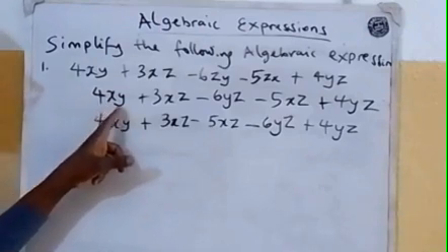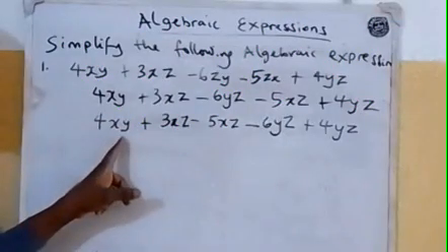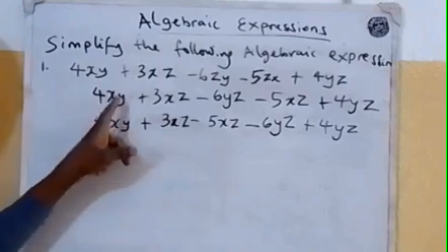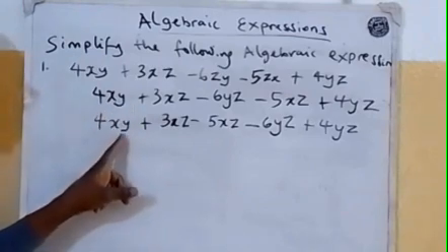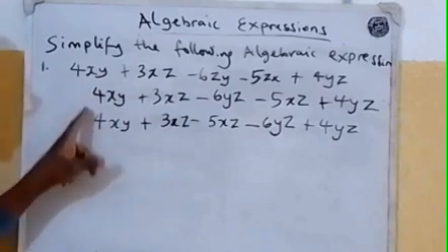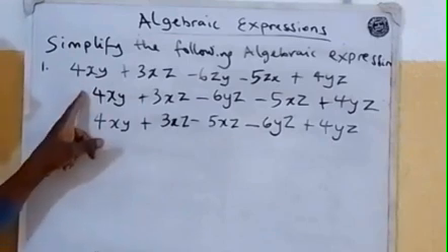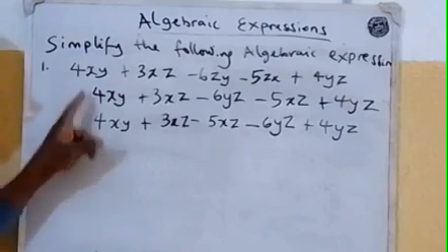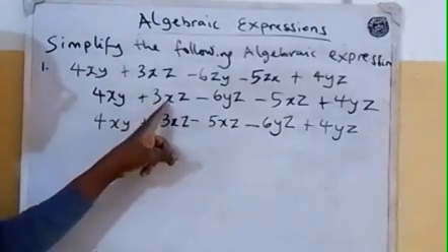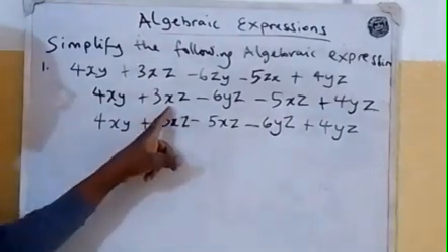So I collected xy as the first term in my new line, and I'm also taking the 4 with it. There's a plus before this 4, not written. The next one, I'm collecting 3xz. The 3 is the coefficient of xz.